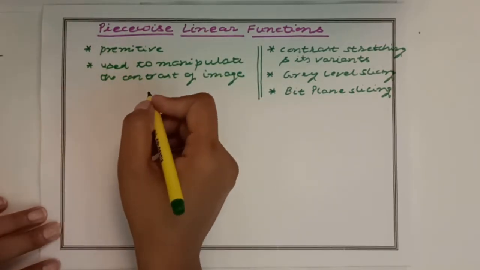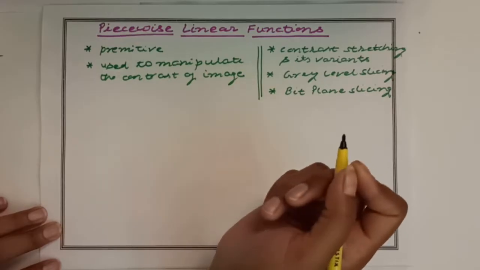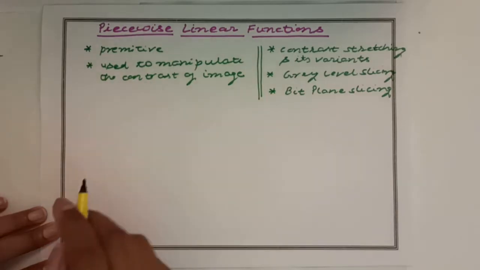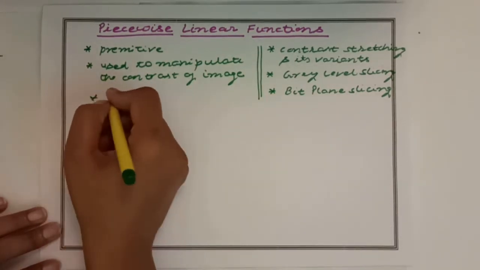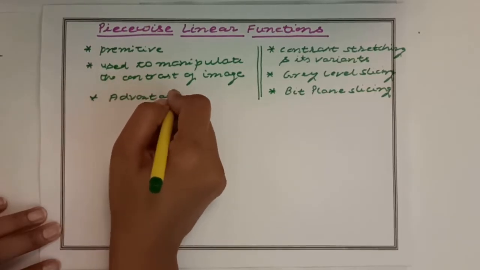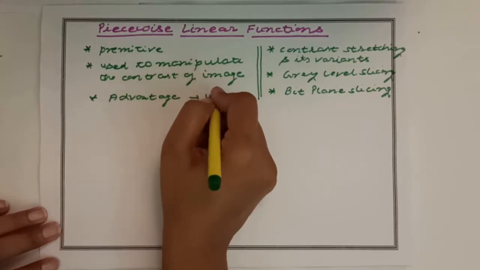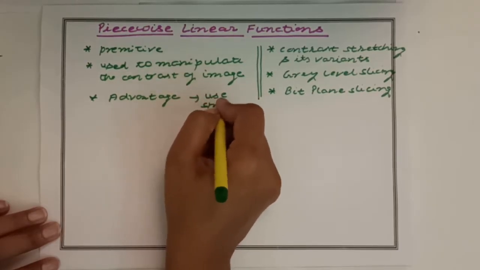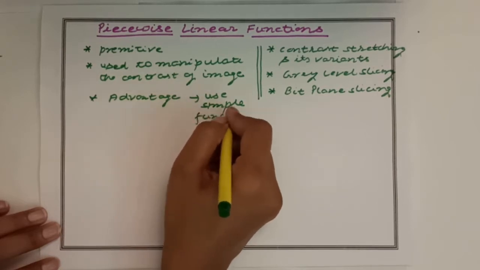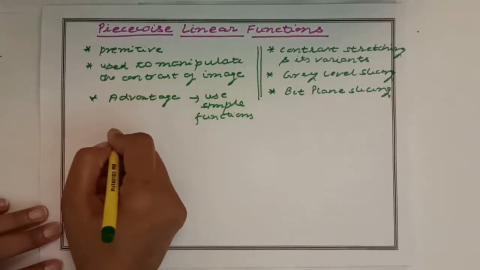Sometimes stretching the contrast to the fullest possible value to achieve best visualization of image is not possible. The main advantage of piecewise linear function is they use simple functions to represent complex functions.